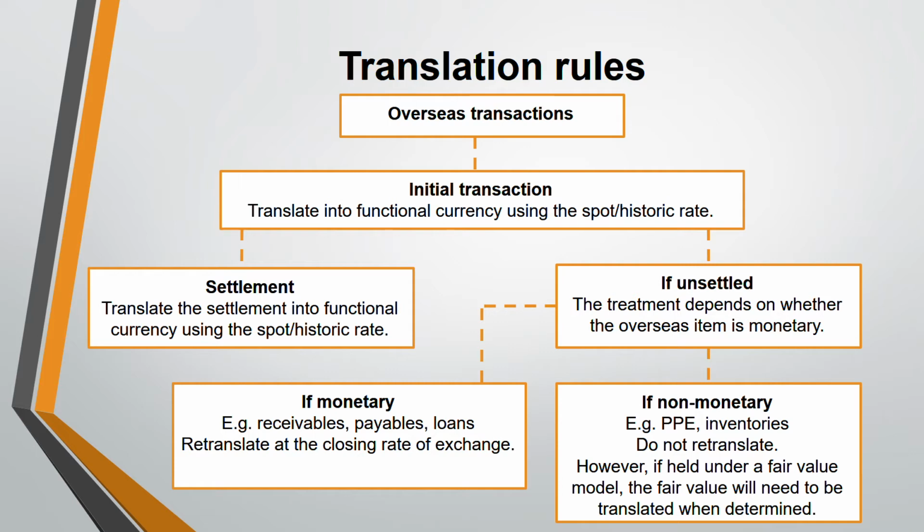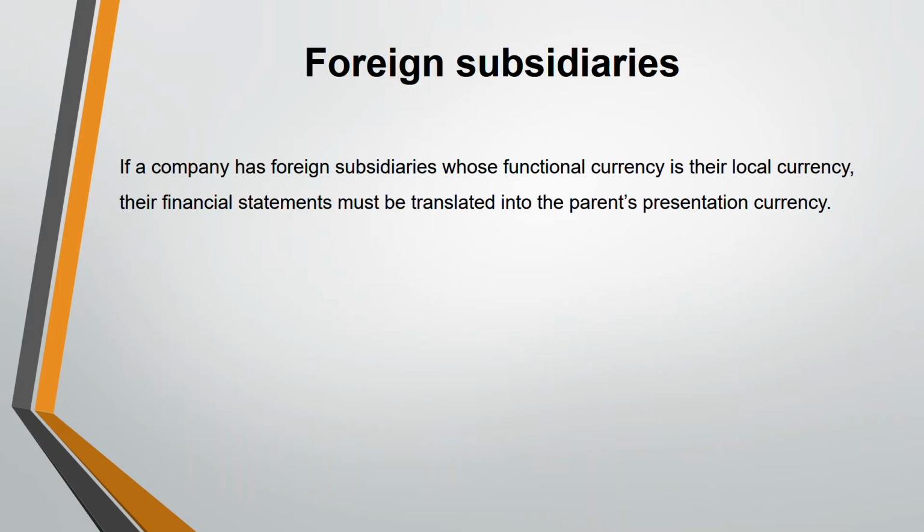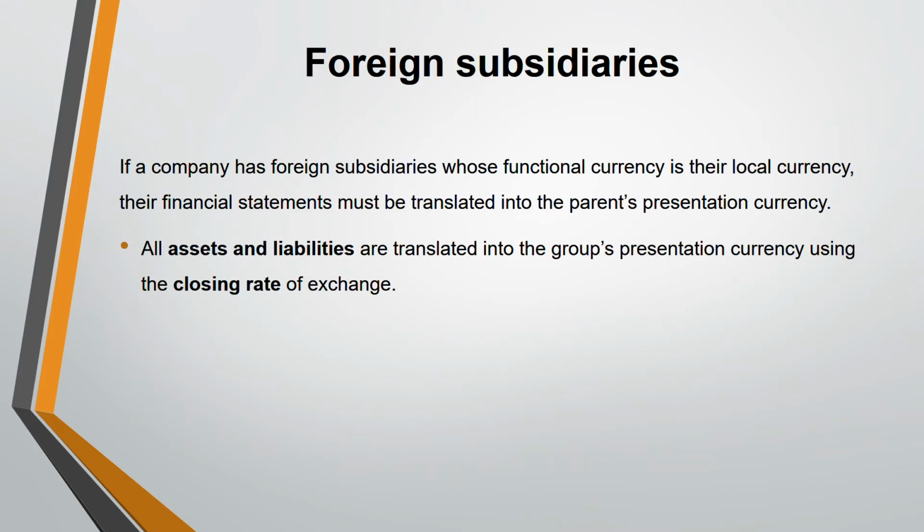Monetary, closing rate; non-monetary, do not retranslate. But when it comes to a foreign subsidiary, everything is easier now. Nothing to separate like monetary or non-monetary. Everything at the closing rate of exchange, because they said all assets and liabilities. You're translating it into the group's presentation currency.